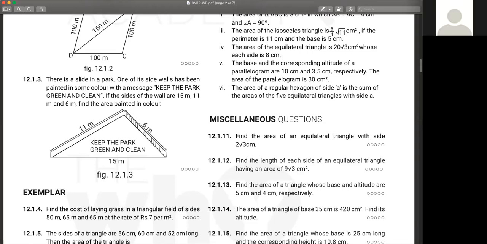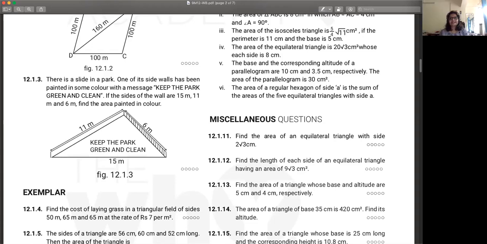Ma'am, I got 10 root and I didn't continue. You need to continue. I thought it was the end. Ma'am, even I got root 800. Means if we multiply, we get 800. Yeah, so root 800: 8 is equal to 2 into 2 into 2, and we can take 2 out, and it will be 20 root 2.